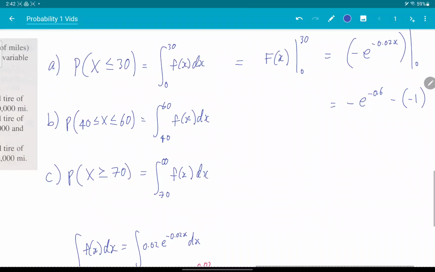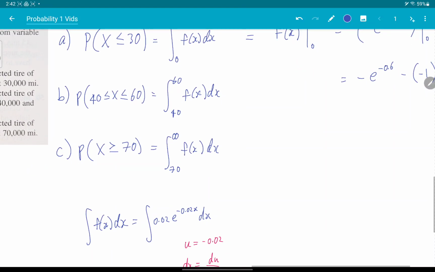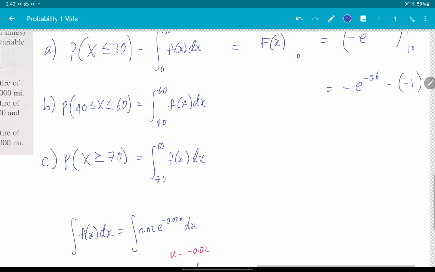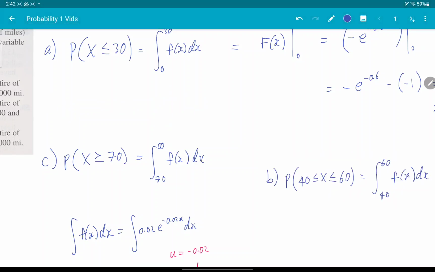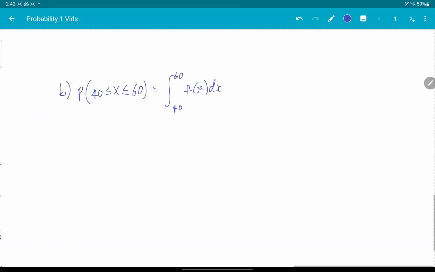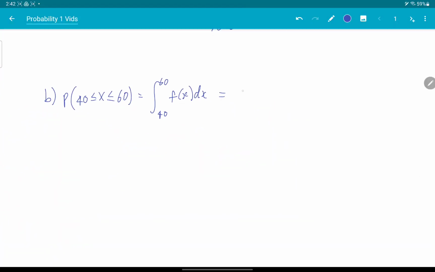Part B. Let's take part B out of its prison here. Move it down here. Okay, same idea, but you've got a capital F of x, which I very conveniently found before.